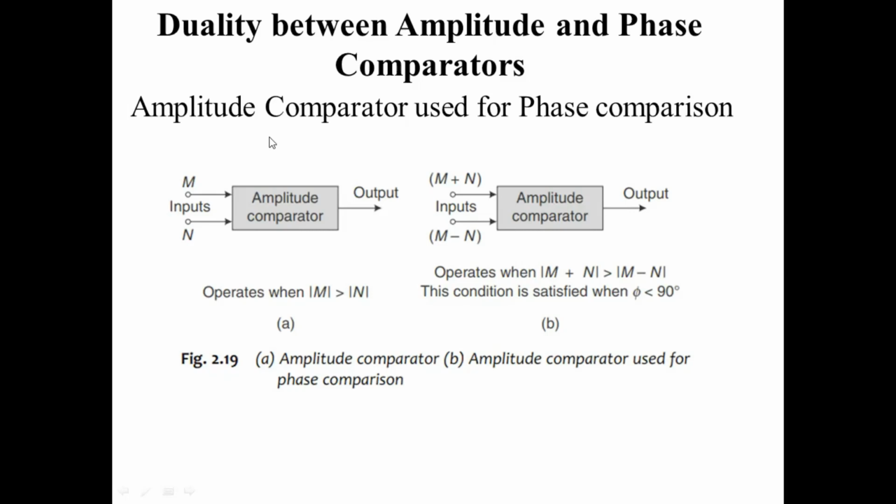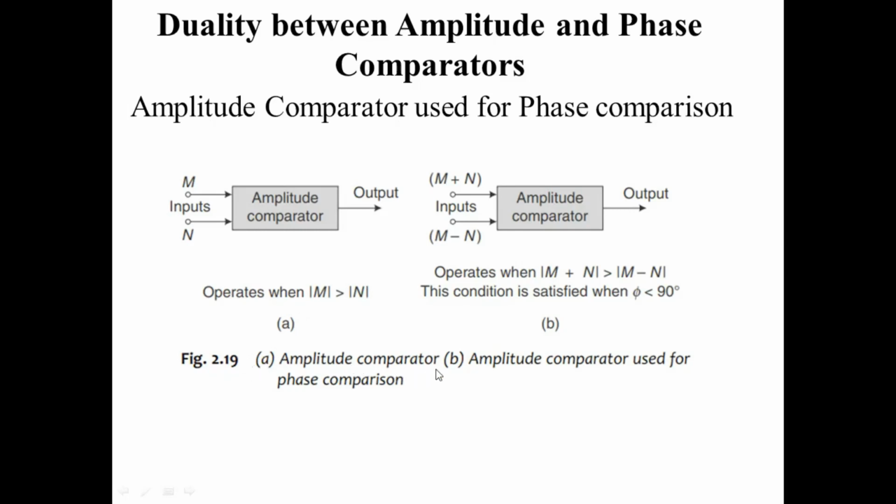How do these techniques work? This is done using a block diagram and phasor diagram, which we have to explain here. Amplitude comparator used for phase comparison is shown in figure 2.19a.